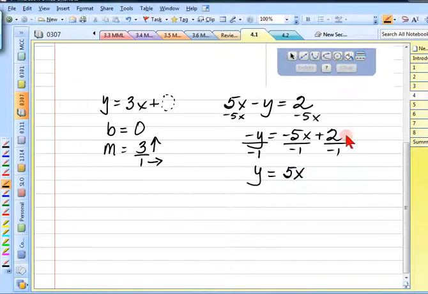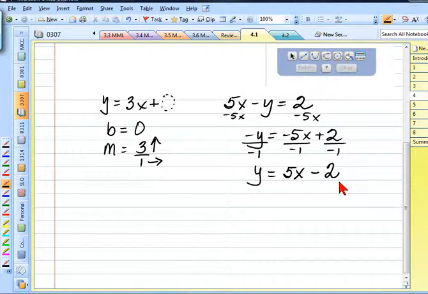What's a positive 2 divided by negative 1? Negative 2. Yes. In other words, if negative y is negative 5x plus 2, positive y will be the opposite, positive 5x minus 2. So all you really have to do is just change all the signs.